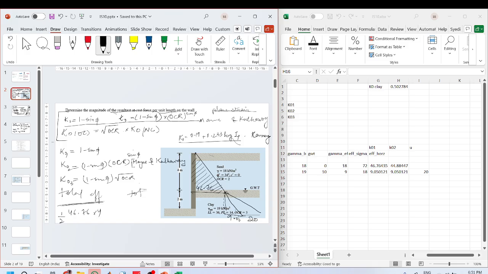Therefore, you are going to get two different values of the earth pressure. Yes, that is actually correct.